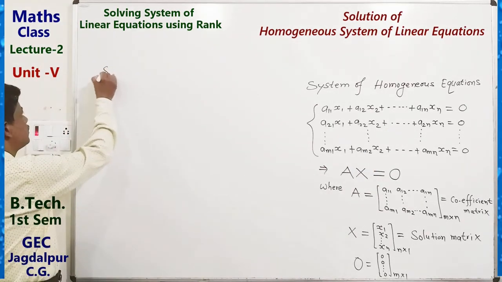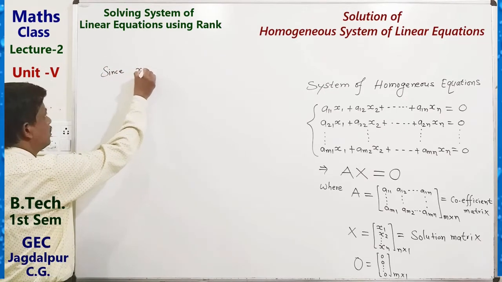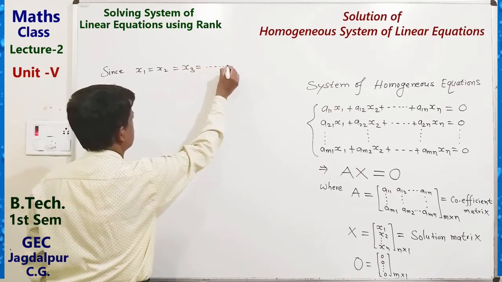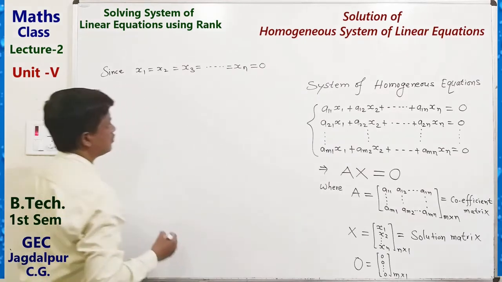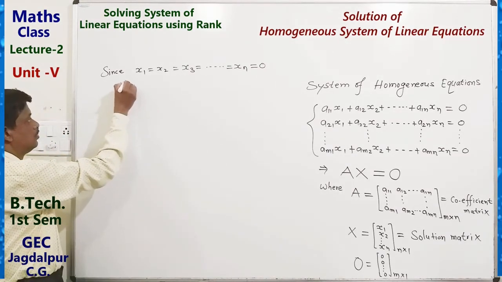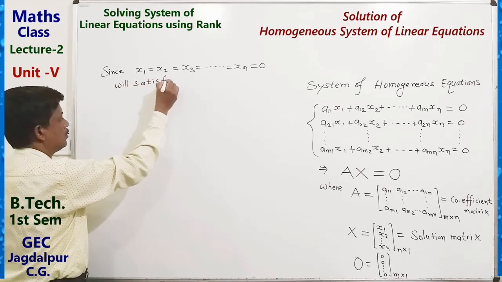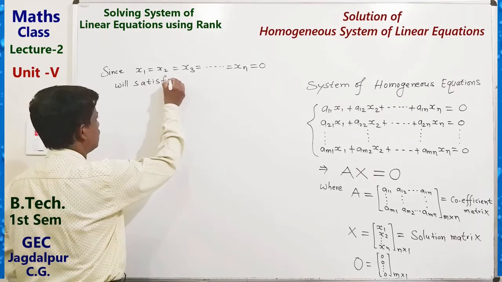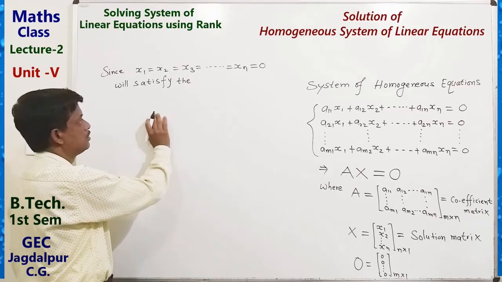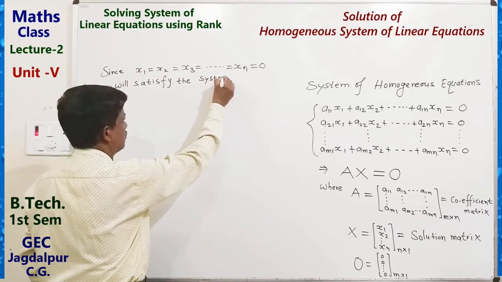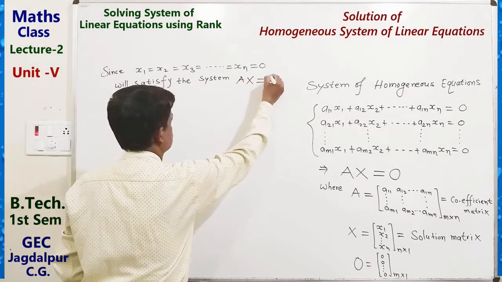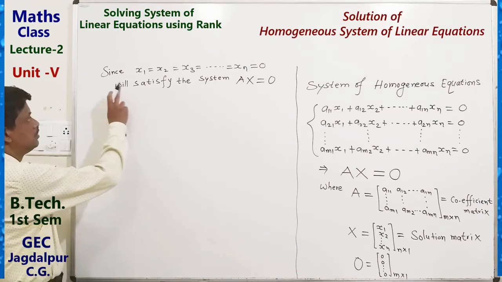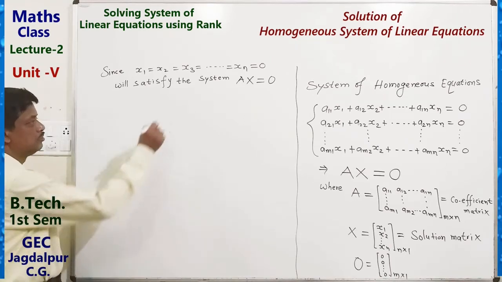Since x1, x2, x3, xn all equal to 0 will satisfy the system Ax equals O, the zero matrix.